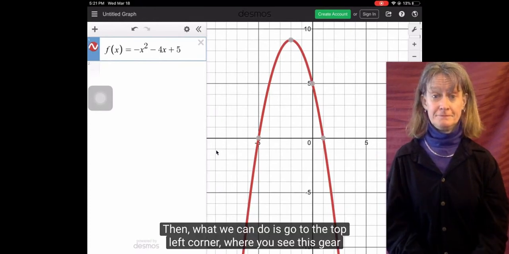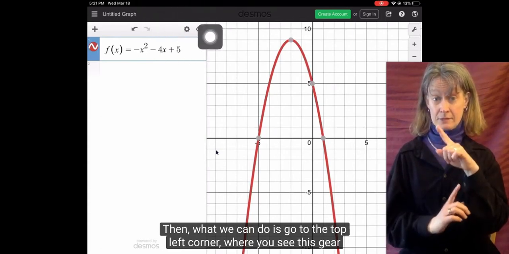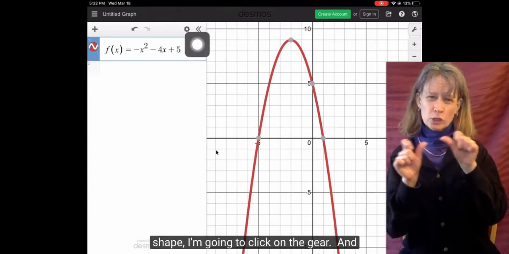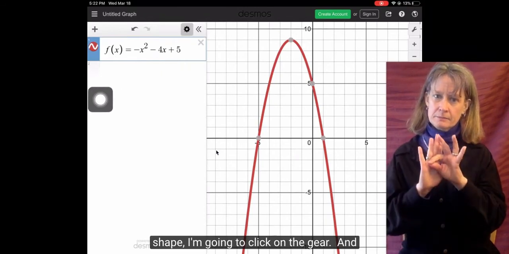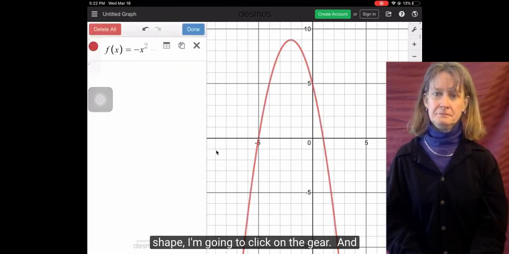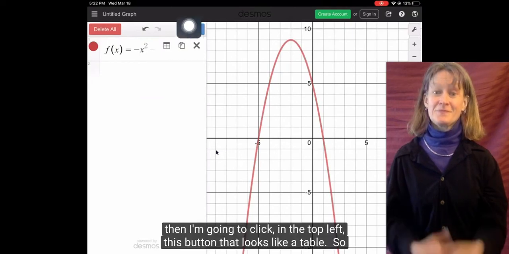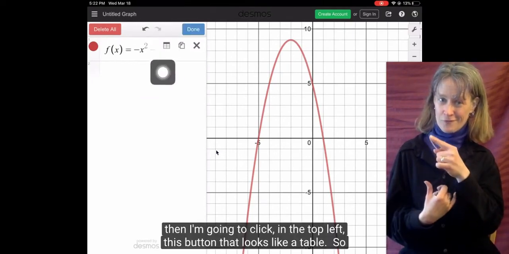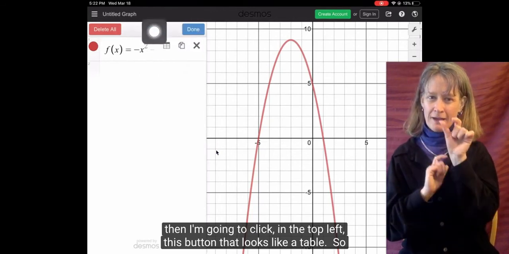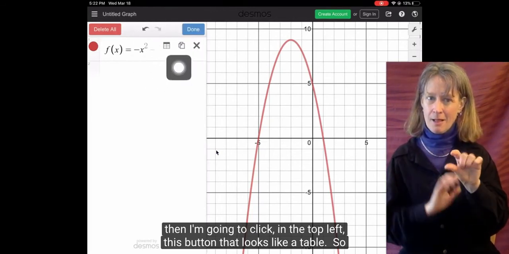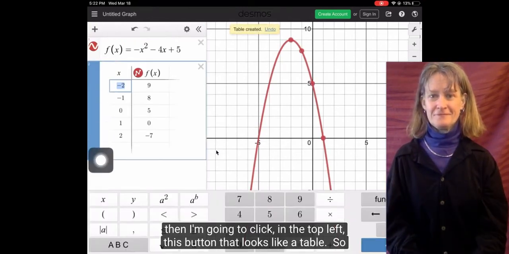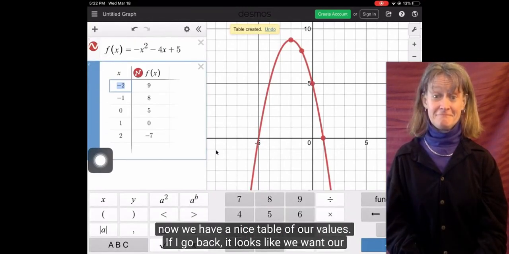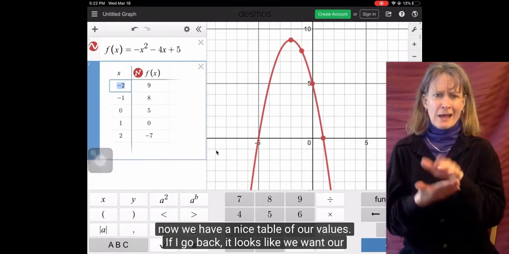Then what we can do is go to the top left corner where you see this gear shape. I'm going to click on the gear. And then I'm going to click in the top left this button that looks like a table. So now we have a nice table of our values.